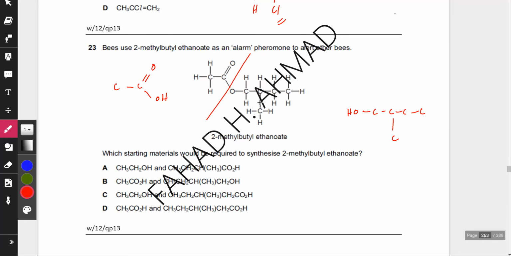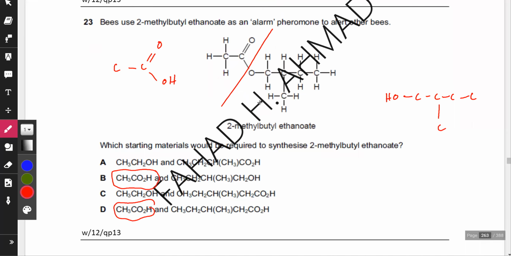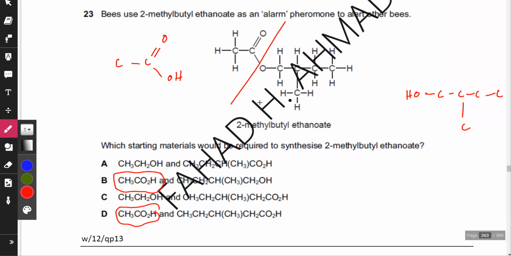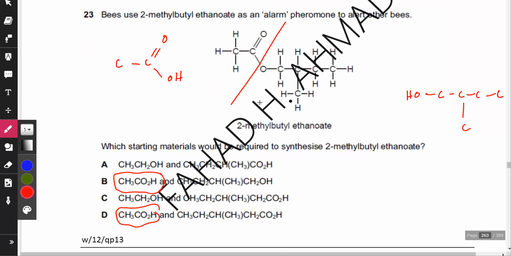Now, it's either going to be this option or it's going to be this option. So the only problem is now which one. He's drawing the condensed version of this. In both cases, this is obviously incorrect because it's a carboxylic acid.